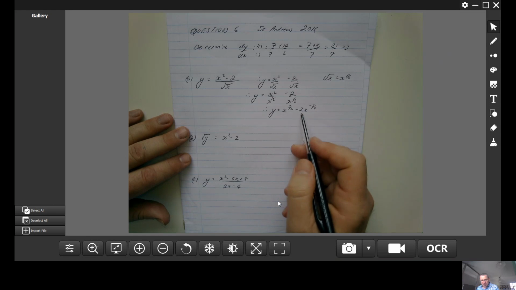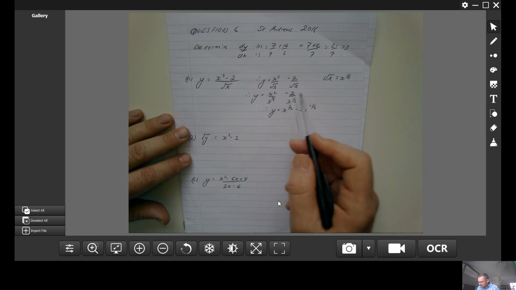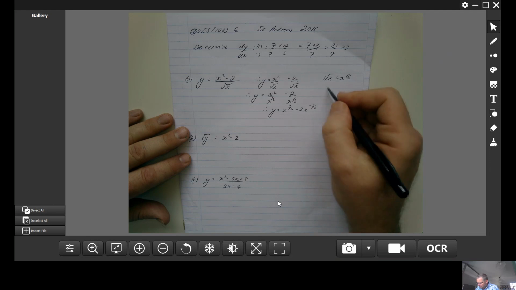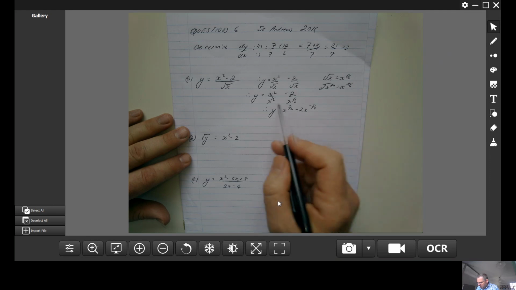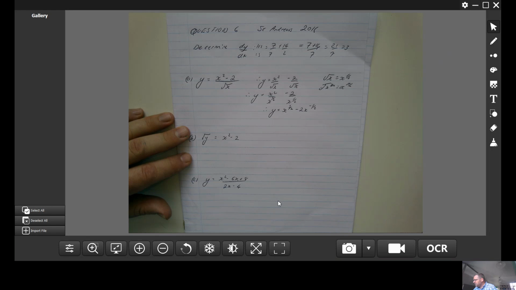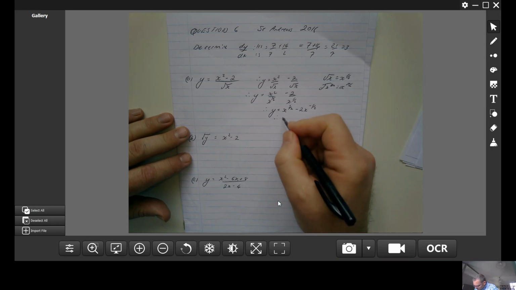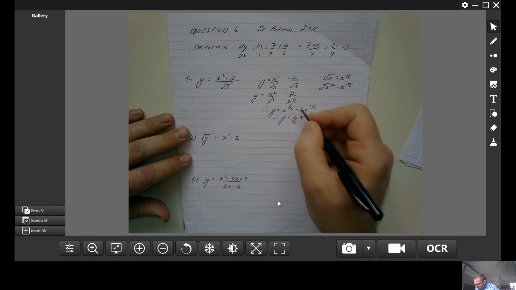So two things have to happen before you differentiate. You've got to get rid of surds, using the formula x to the m root n is x to the m over n, and you cannot have variables in the denominator. And now we're in a form that we can differentiate, okay, and so we go y is equal to 3 over 2 times 1 is 3 over 2, x, 3 over 2 minus 1 is going to be a half.